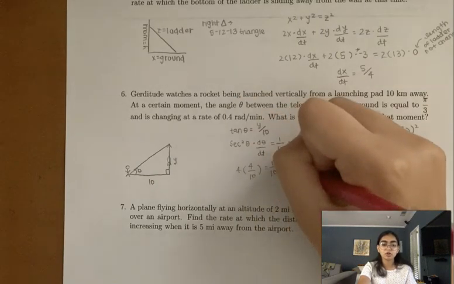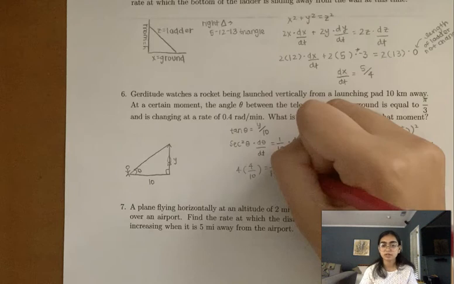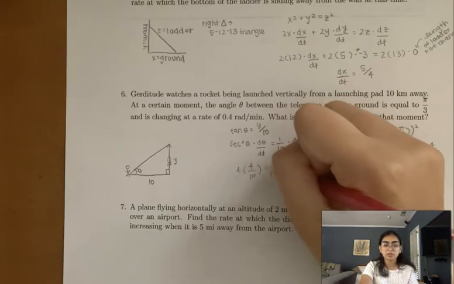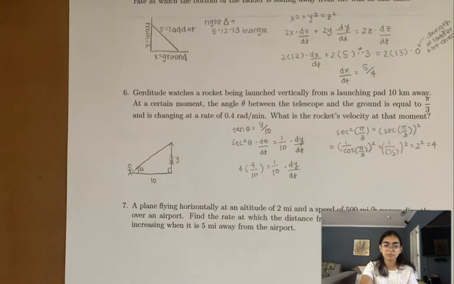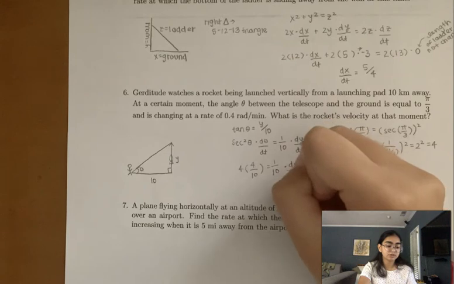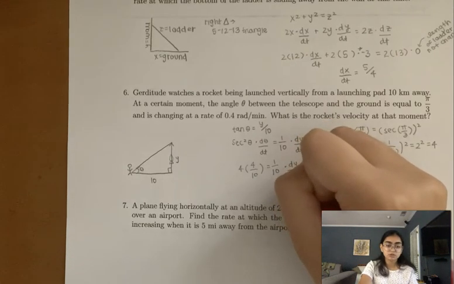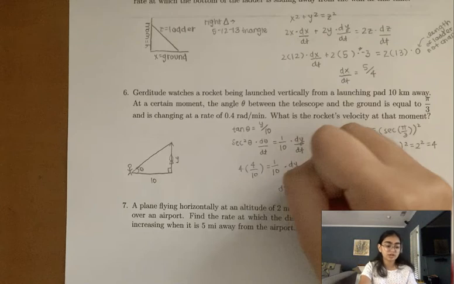So now that we're plugging in, we get 4 for secant squared of pi over 3, since theta equals pi over 3, times 4 over 10, that's the rate that theta is changing, equals 1/10 dy over dt. And if we solve for dy over dt, we're going to get 16. So the rocket's velocity when the angle is pi over 3 is going to be 16 kilometers per minute. Okay, so that's our answer.